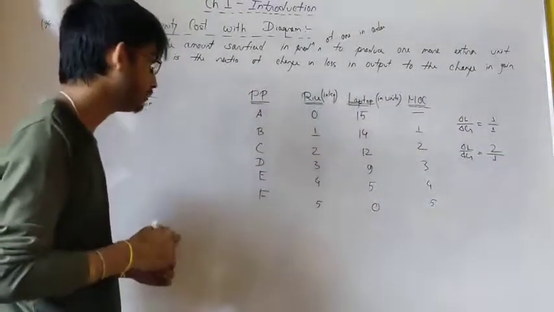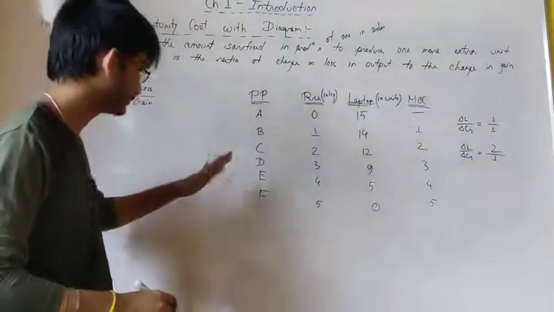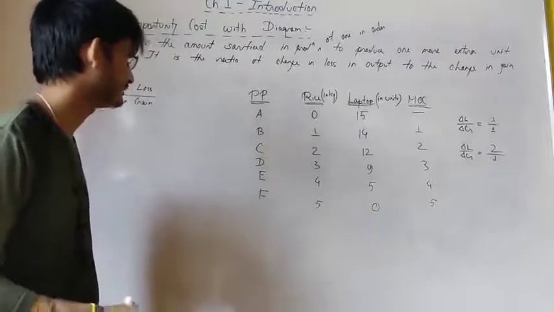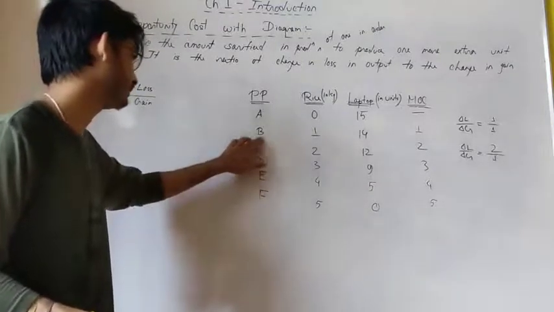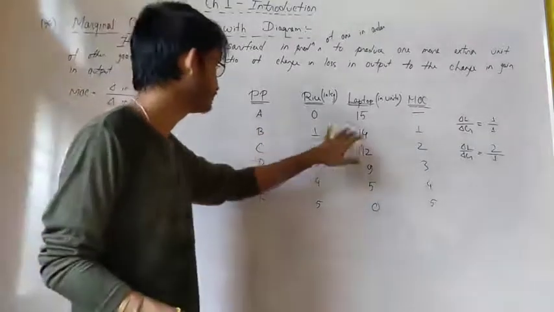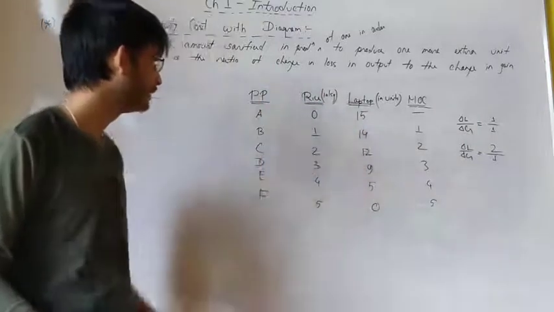In this way we can come down to the last one also, but for the sake of simplicity, just mention any 2 points. Suppose the economy is producing at a point where it produces 1 kg of rice and 14 units of laptop.